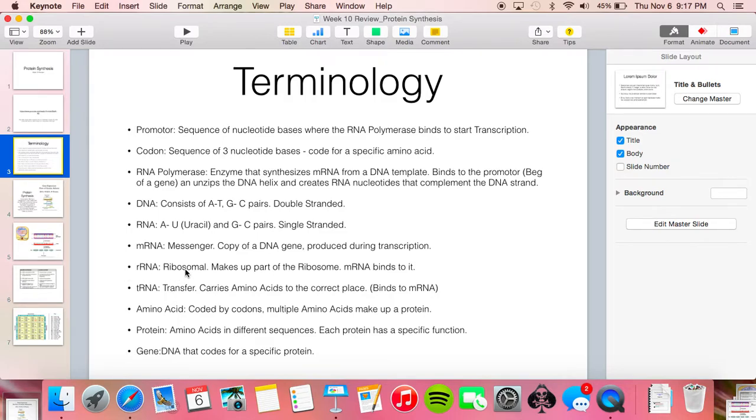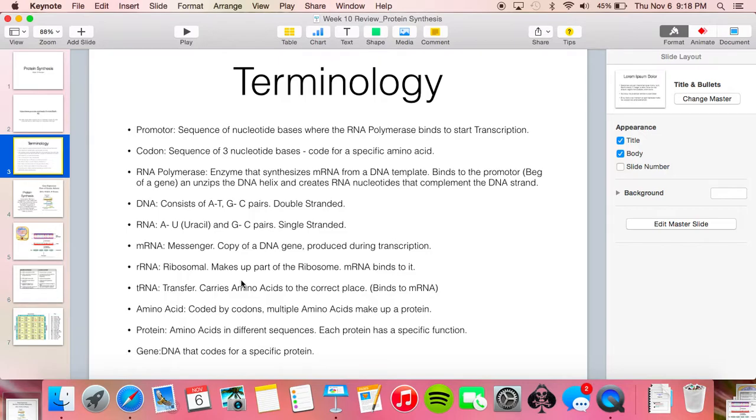rRNA stands for ribosomal RNA. So this process occurs in the nucleus, and then it travels outside the nucleus into a ribosome. So the ribosome is where translation takes place, and so that's the next step of protein synthesis.